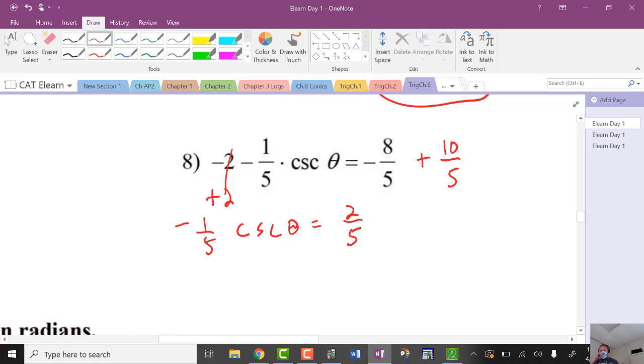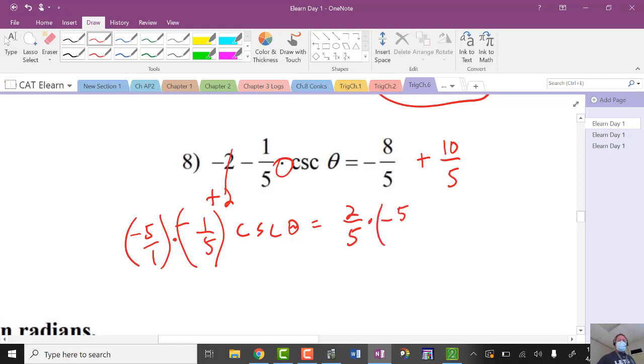+10 plus a -8. And then instead of dividing, I'm going to multiply by -5/1. Multiplying by the reciprocal, because that's a times thing right there. You could think of division, but multiplying by the reciprocal is the smartest thing to do.